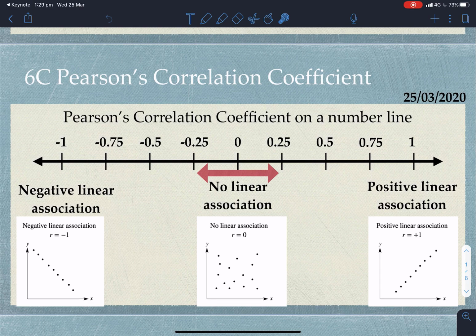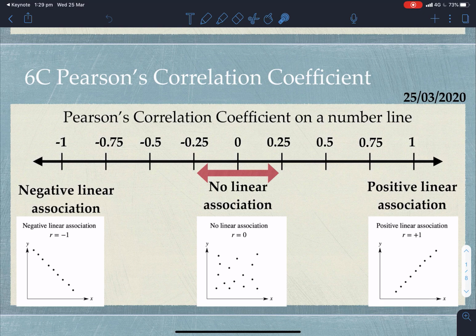If it looks like it is going down, like negative, we'll go between 0 and negative 0.5. So basically between negative 0.25 to 0.25, it is really hard to tell whether there's a linear association or any association at all.